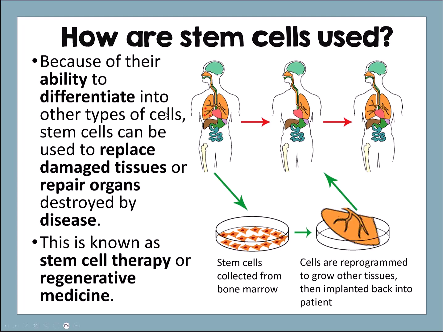Here's the way this works. Stem cells are collected from bone marrow, because adults do have some remaining stem cells. They are then reprogrammed to grow into different types of tissues and then implanted back into the patient that has a disease or has lost the use of organs for a certain reason.